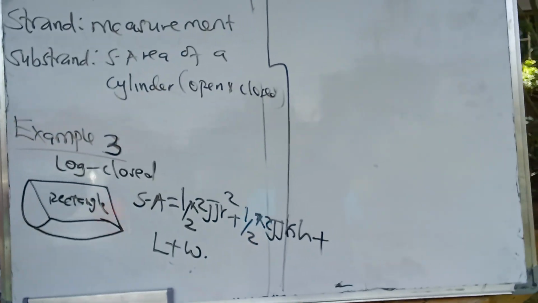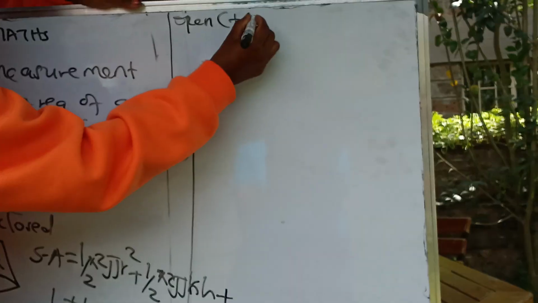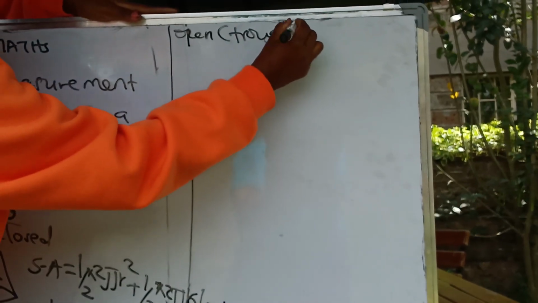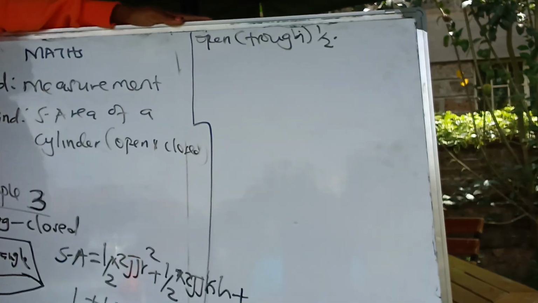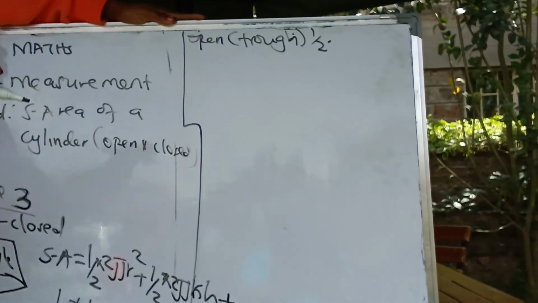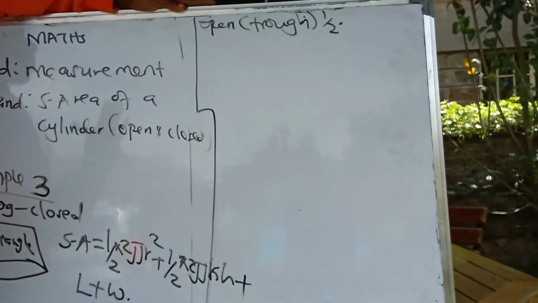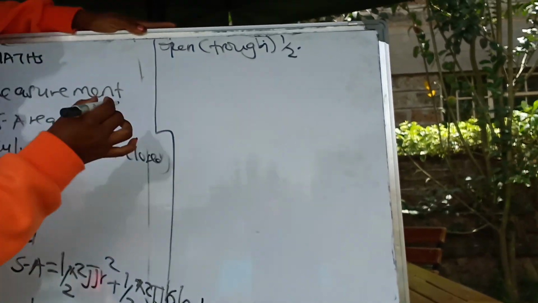But now if it is an open one, or a trough, which is also a half, it's going to be the formula of an open cylinder, but you insert a half. And you are not going to add any rectangle because at the top there is a hole, no shape.